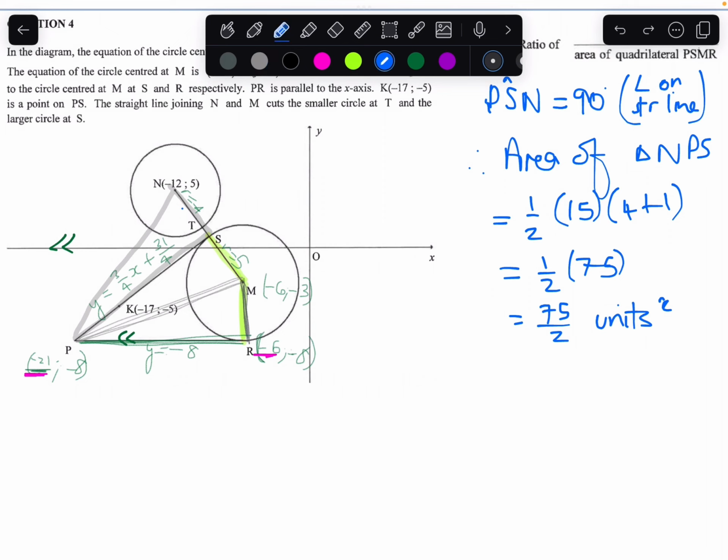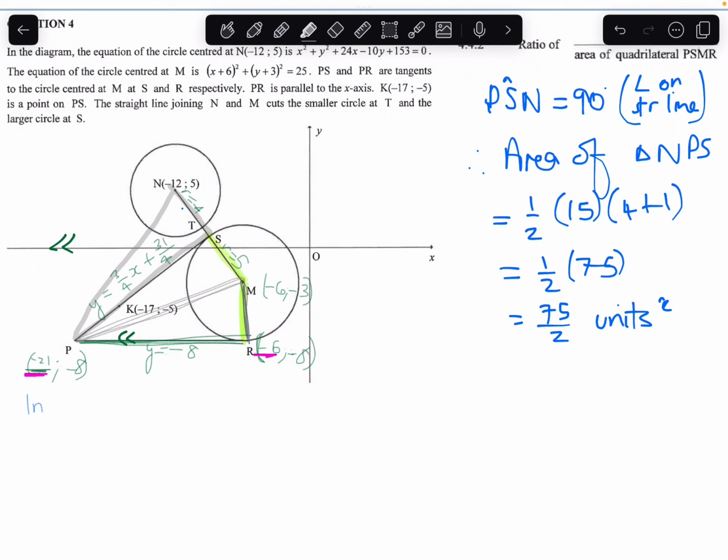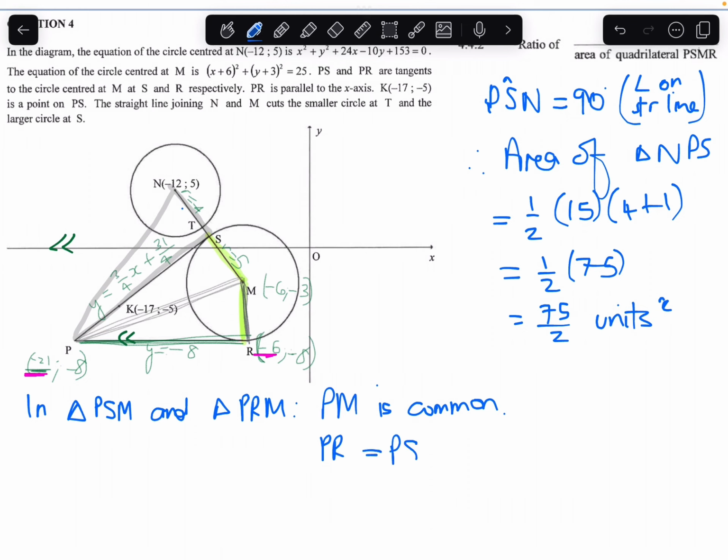So let's do that. So I'm going to say in triangle PSM and triangle PRM, PM is common, PR is equal to PS, which has been shown, and MS is equal to MR because they are both radii.